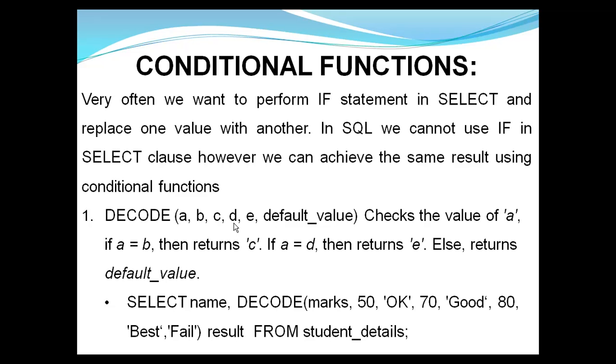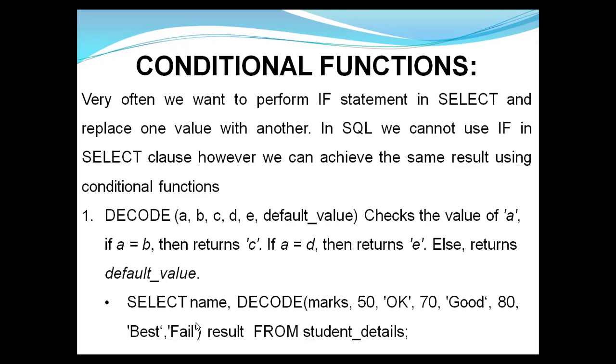A will compare with D, and if it matches, return E. Otherwise, the last single value is considered the default value, which is returned only if it does not match any of the pairs. Very simple.